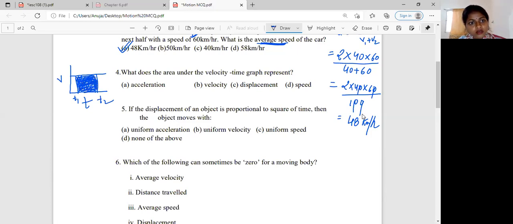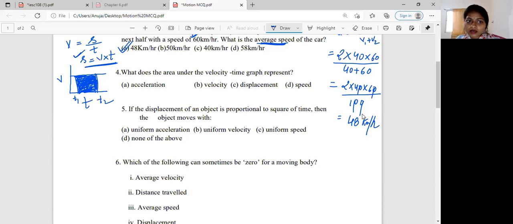The shaded portion. We know very well that velocity is equal to displacement upon time taken. If we cross multiply, it becomes displacement is equal to velocity into time. So here is the answer: velocity multiplied with time becomes displacement.